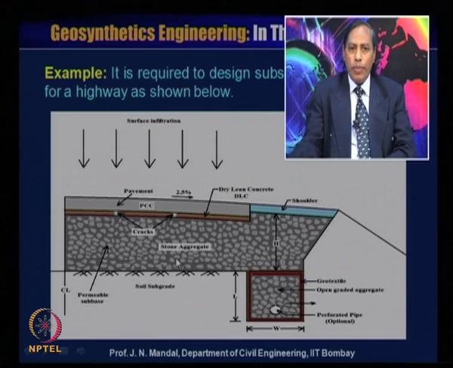You can see here the red is the geotextile material and inside that open graded aggregate, and this is the perforated pipe, that is optional, and width of the trench is W and length of the trench is L, and from here to the soldier the depth is about H, and this is the stone aggregate, this is the soil subgrade, and this is all permeable subbase.